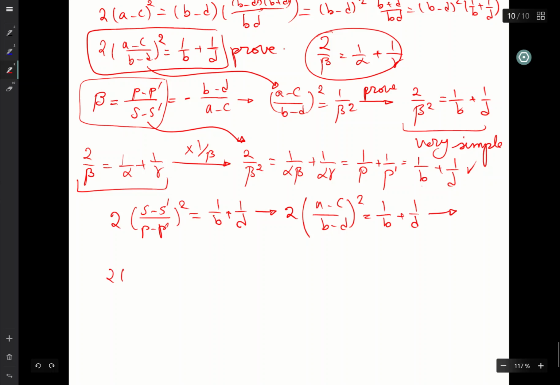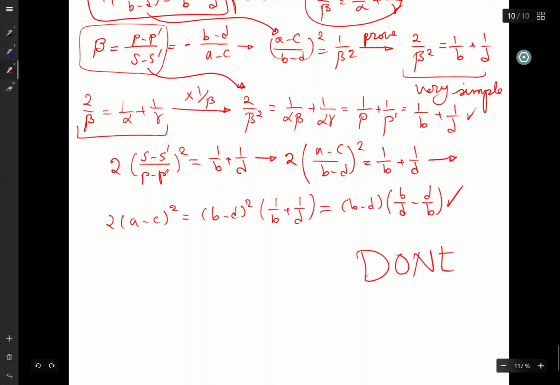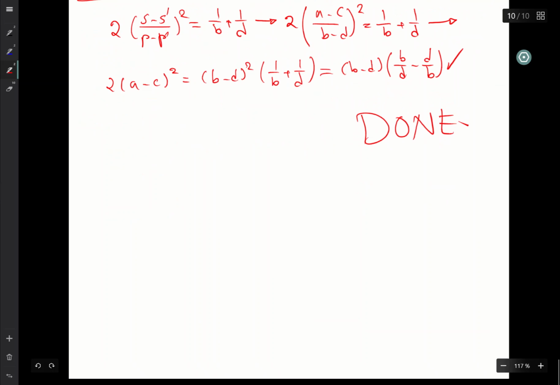And if we simplify, 2 a minus c squared is b minus d squared times 1 over b plus 1 over d, okay, which is b minus d times b over d minus d over b. So this is done. And that was actually a very interesting problem.